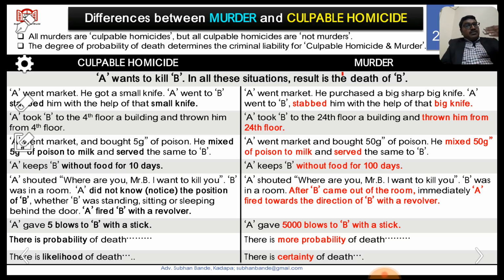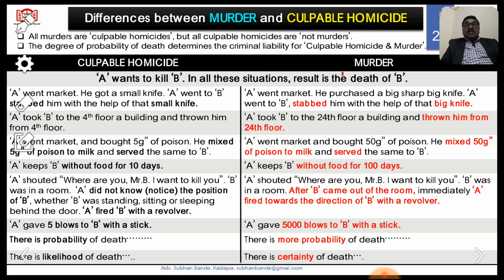If the degree of probability of death is very low, then the criminal liability is for culpable homicide. Let us see the difference between murder and culpable homicide using certain illustrations.